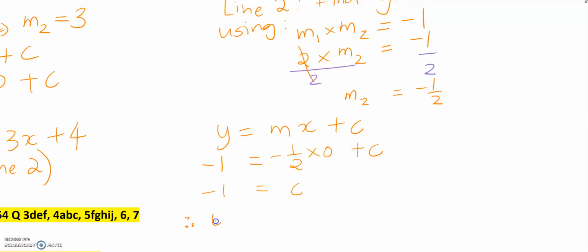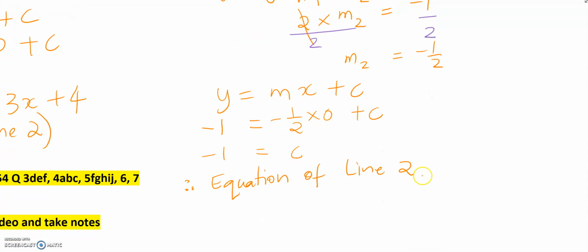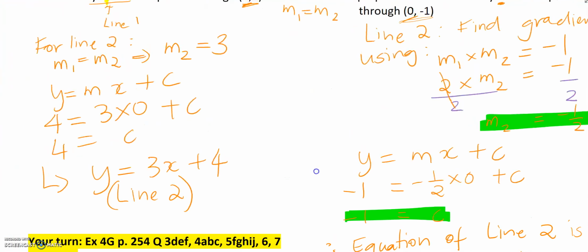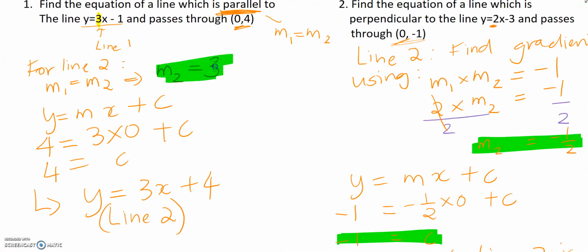So therefore, the equation of line 2 is y equals negative half x take away 1, because we've just seen that the gradient is negative half and c is -1. Likewise, I'm just going to highlight it over here as well. Gradient over there is 3 and our c is 4. Okay, we'll do some exercises in class and see how we go.